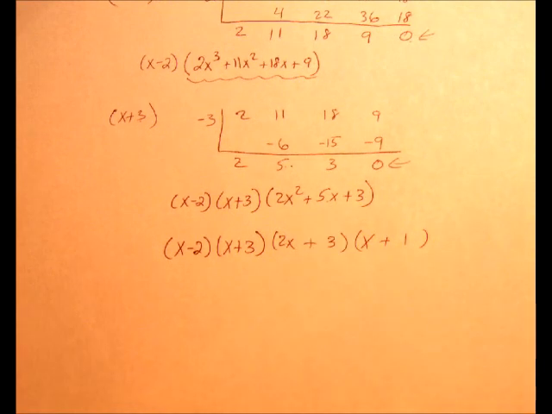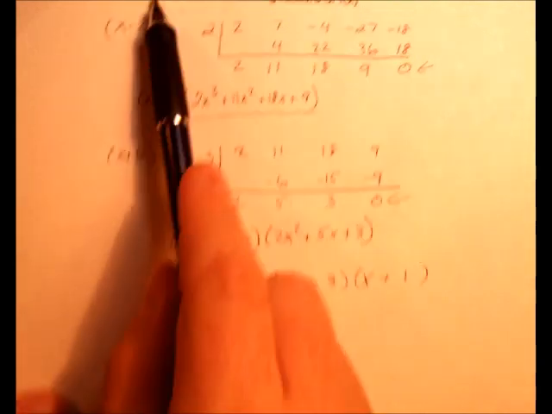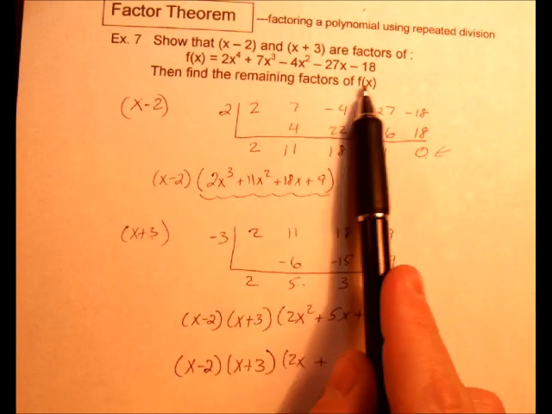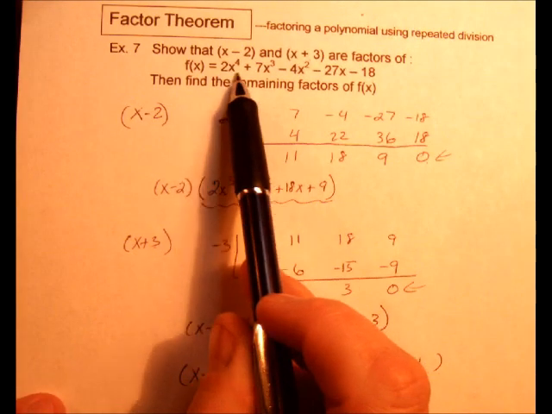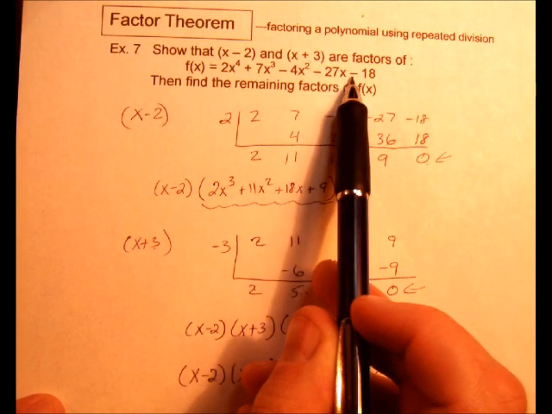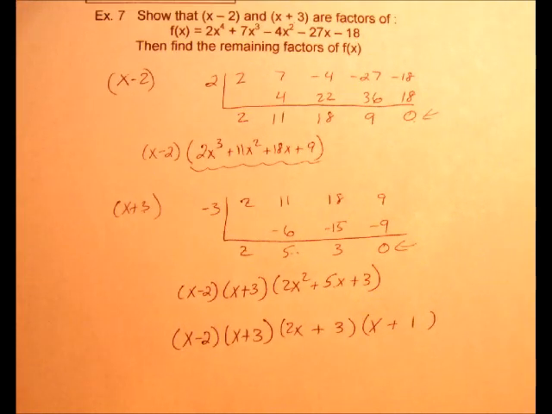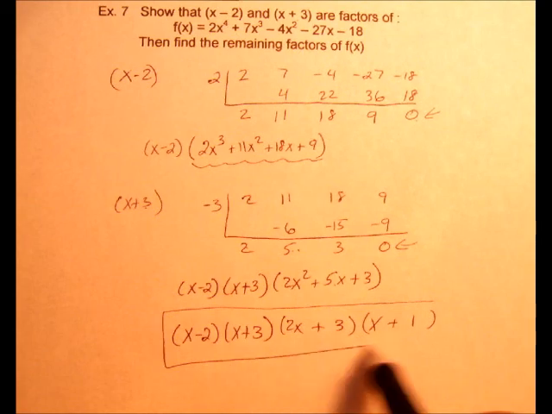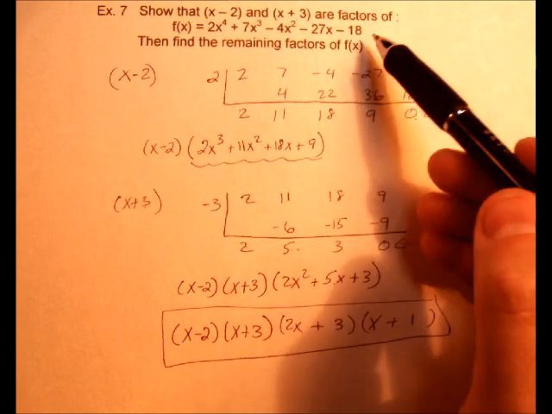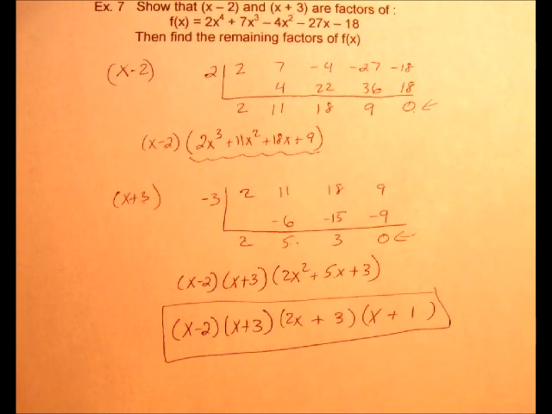So factoring it out, it says then write all the remaining factors of f of x. So I've taken this really long polynomial and I've factored it all the way out to this. So if you were to go backwards and multiply all that back together, you would eventually get back to what we started with. There's no need to do that.